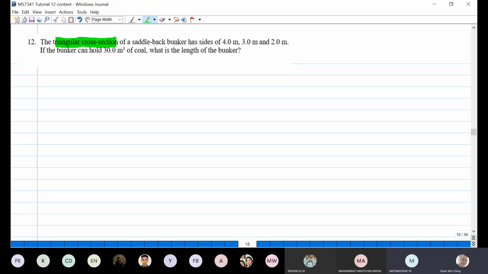This bunker looks like this, so you can draw a triangle here. The triangle is not the even type, with sides 4, 3, and 2. So one side is 4, then 3, 2, right? So let me try to draw it more realistically. It's 4, 3, 2.